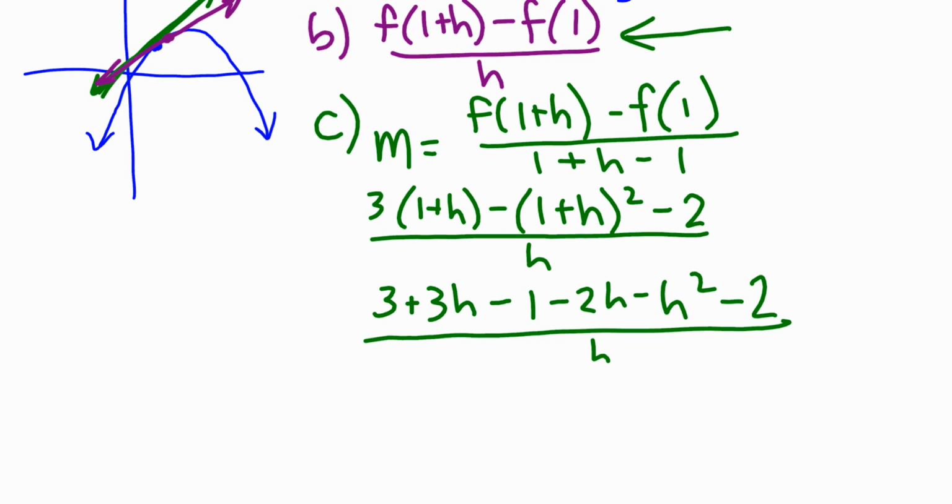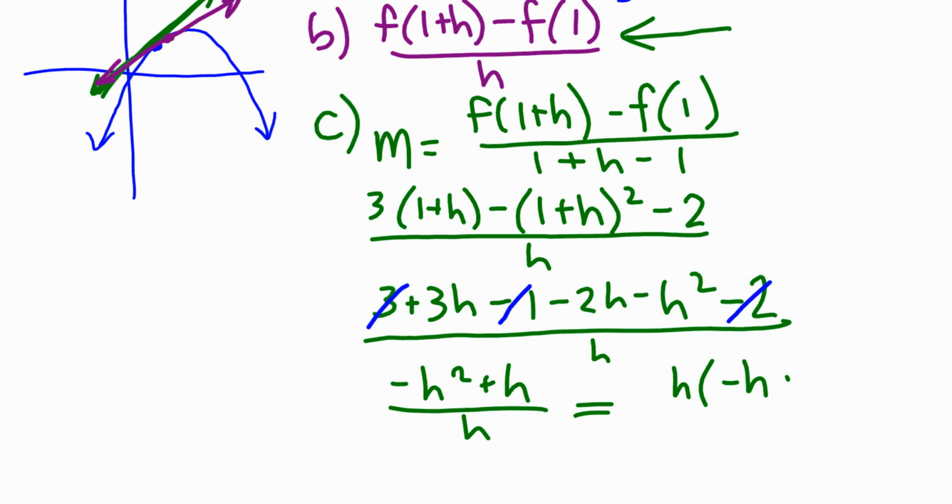Okay, if I simplify this, 3 minus 1 minus 2, that's 0. 3h minus 2h gives me negative h squared plus h all over h. If I simplify this, take out an h, I get negative h plus 1 all over h. So I can write that as 1 minus h. So the slope of the tangent line is 1 minus h.